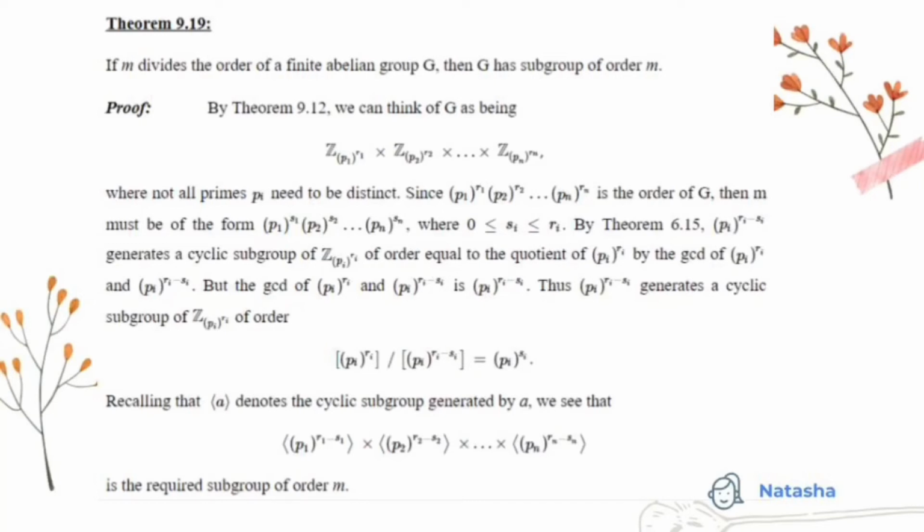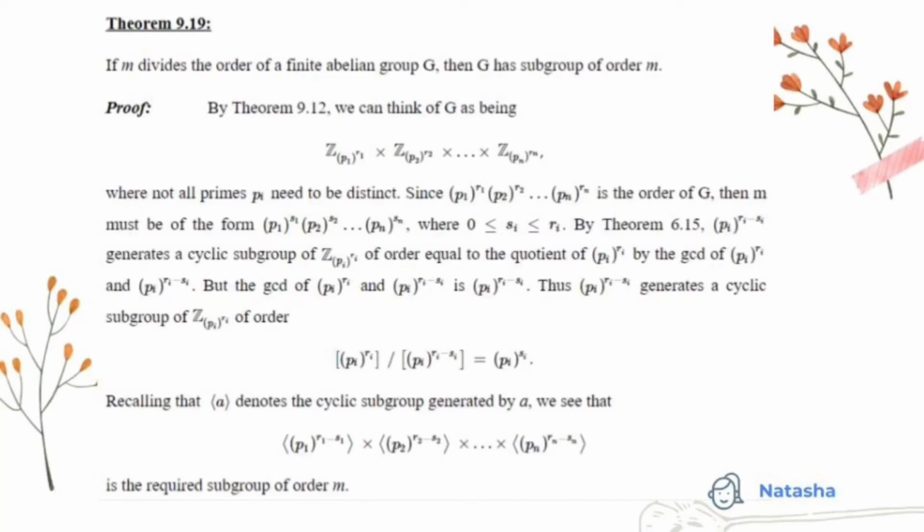By Theorem 6.15, pi^(ri − si) generates a cyclic subgroup of Z_{pi^ri} of order equal to the quotient of pi^ri by the GCD of pi^ri and pi^(ri − si). But the GCD of pi^ri and pi^(ri − si) is pi^(ri − si).